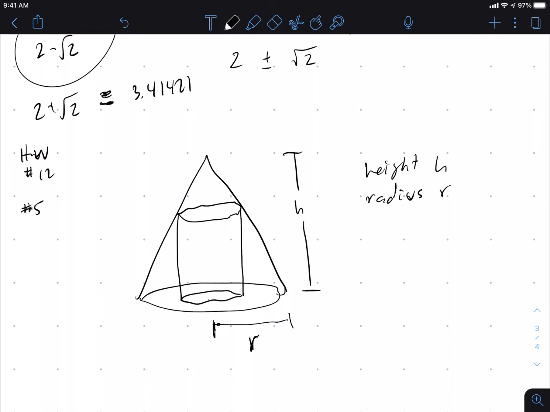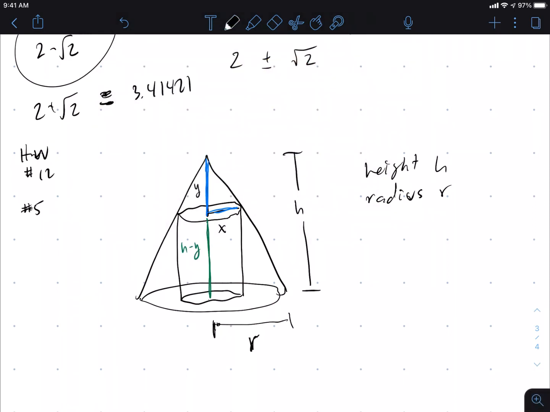So if we call the radius of our cylinder x and we call its height, we'll do this, we'll call this y. So then what ends up happening is, and I should do this in a different color so you guys don't get messed up. So this is my height from the top of the cylinder to the cone with the radius. And then this height here to the base is just going to be h minus y.